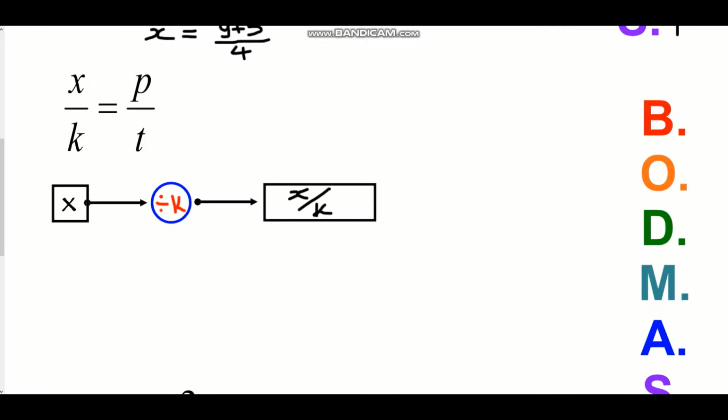Okay, so what I'm going to do is I'm going to rewrite my equation with x on the left-hand side. Oh, it's already there. I might write it out again just to make sure everything follows on from itself, but you don't have to do that step if you don't want to. P divided by t. Okay, so in order to undo a division, we need to multiply by k.